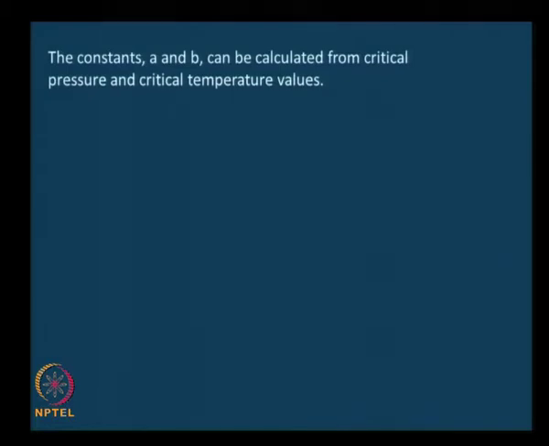The constants A and B can be calculated from the critical pressure and the critical temperature values. I hope we can recall what Pc and Tc are. Remember that those are the pressure and temperature values that correspond to the critical point.